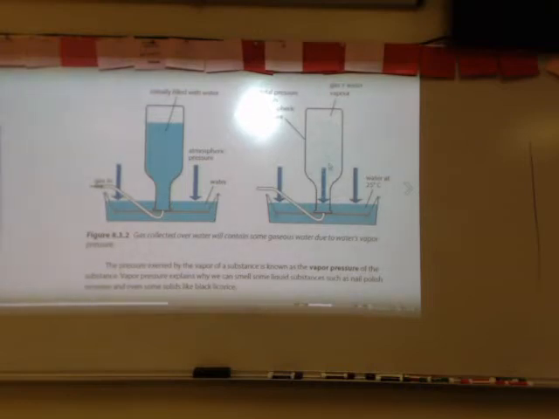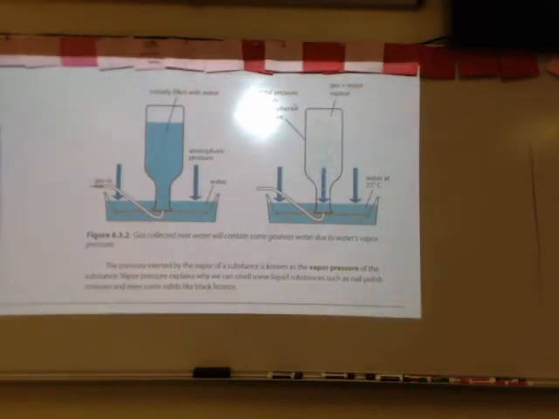Now, the water vapor is exerting a pressure, and so is the other gas that is over the water, and that added together is the total pressure. And the vapor pressure of water is what we call it when we're referring to the pressure that is exerted by the water above itself, or by a liquid above itself.